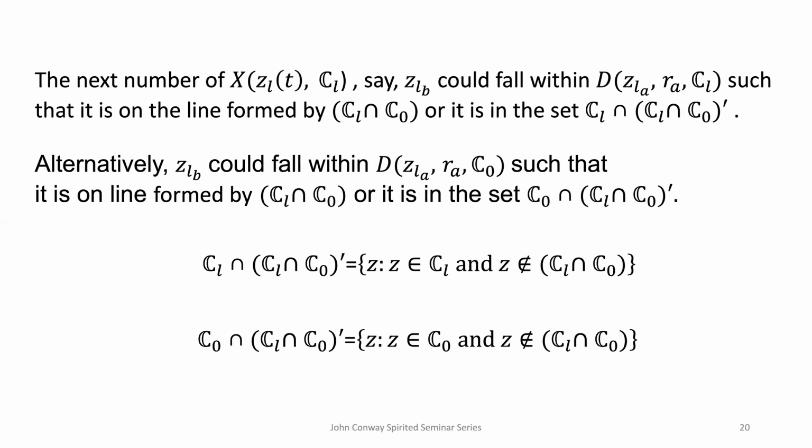After some time, it hits the line C0 intersection CL. After that, once it hits the line, it could escape to the other plane, or it could remain in the same plane. So that property is essential.